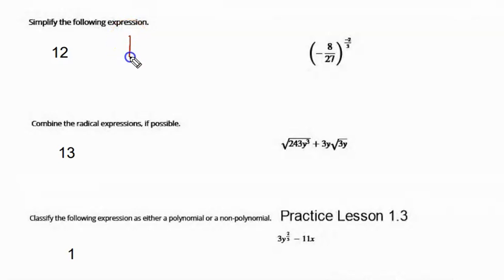So if I were to solve this, I would put this as a positive exponent. And I would get then 1 over a negative 8/27. And then this is to the 2/3 power.